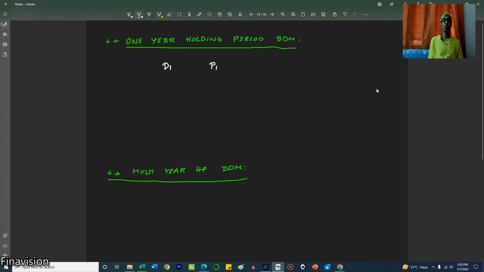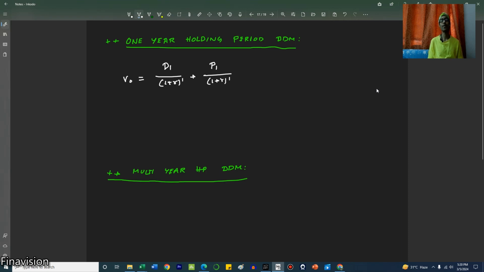So your valuation becomes D1 by 1 plus R to the power 1, plus P1 by 1 plus R to the power 1. This becomes your V0, that is value at time 0 or intrinsic value at time 0 when you are using DDM model.